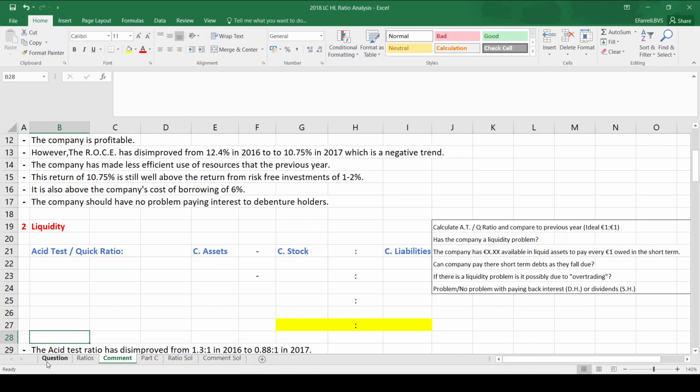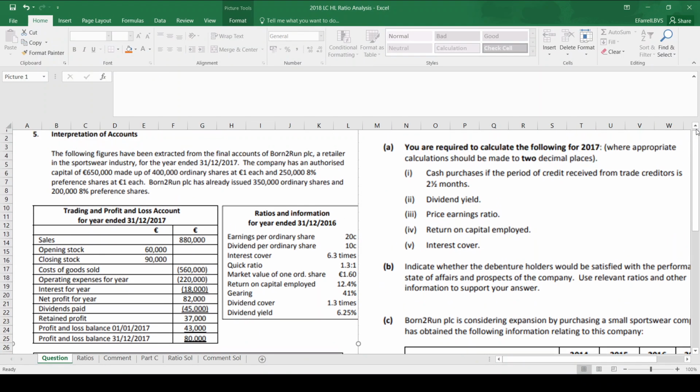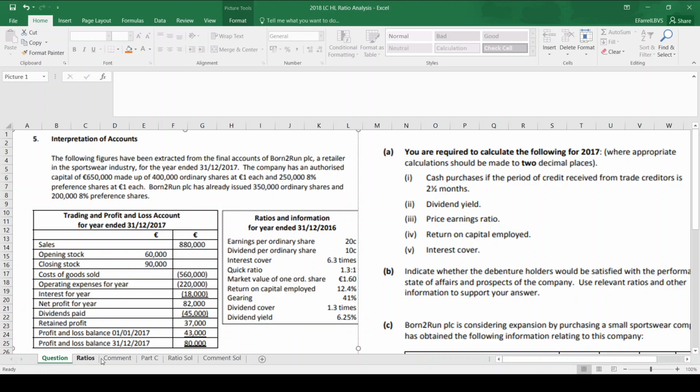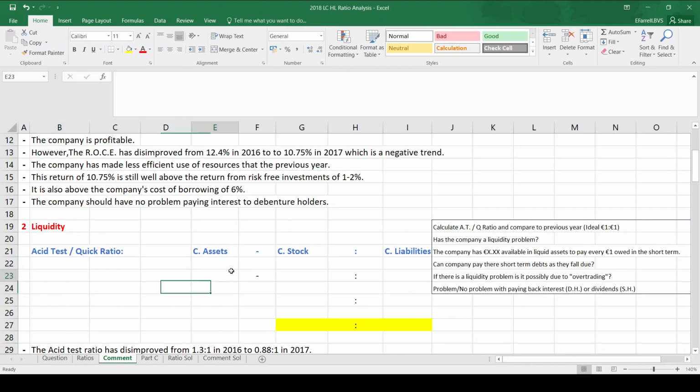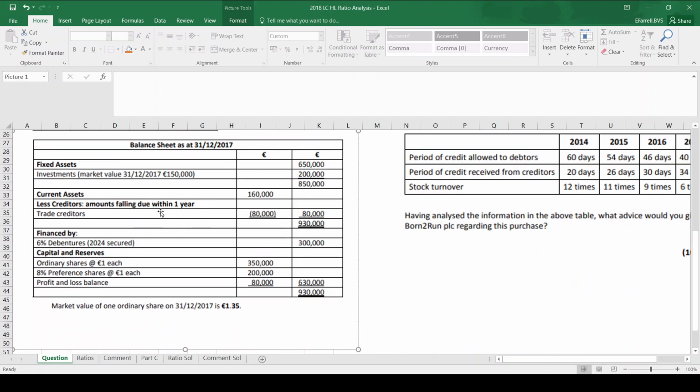So in the question, current assets are 160,000 and closing stock is 90,000. So here I'm going to have 160,000 minus 90,000, and we're going to compare that to current liabilities, which are liabilities less than 1 year. So liabilities less than 1 year are 80,000.